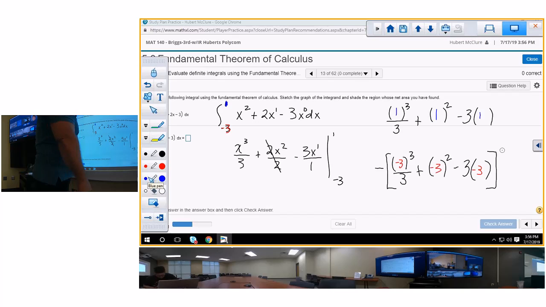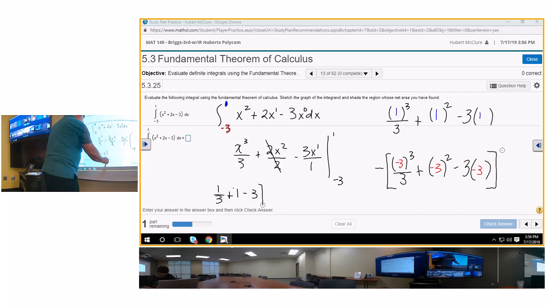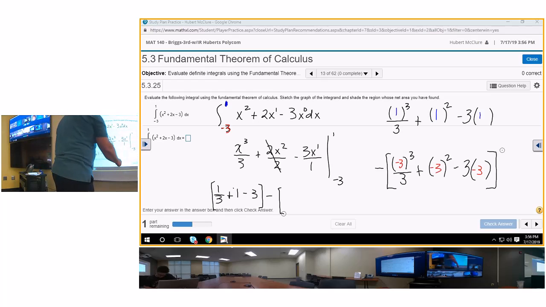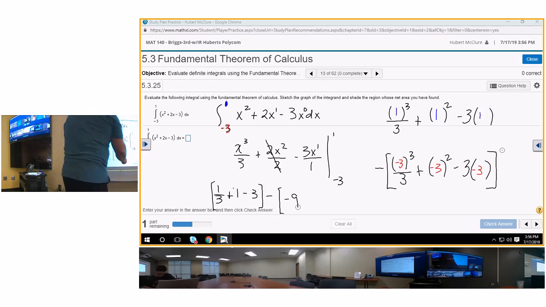So we got 1/3. I'm going to go down here and do 1/3 plus 1 minus 3 brackets minus brackets. -3 to the 3rd power is going to be -27 over 3, which is negative what? 9. -3 to the 2nd power is positive what? 9.